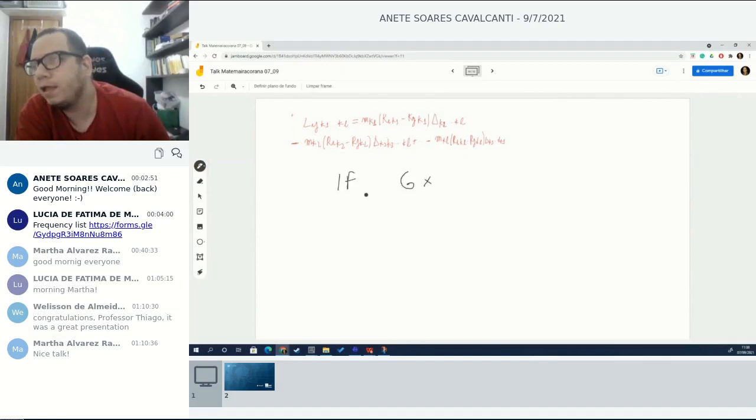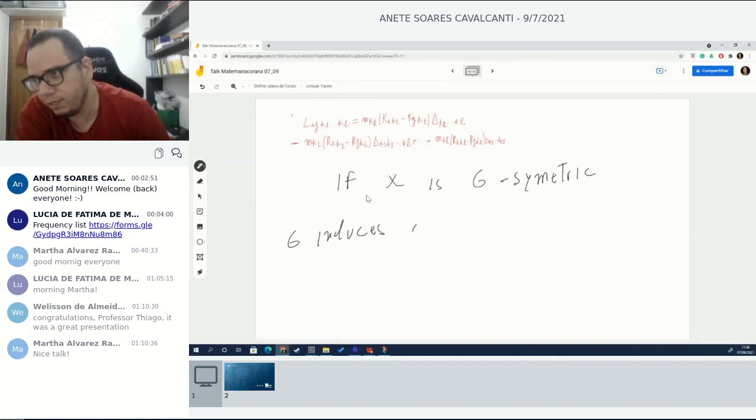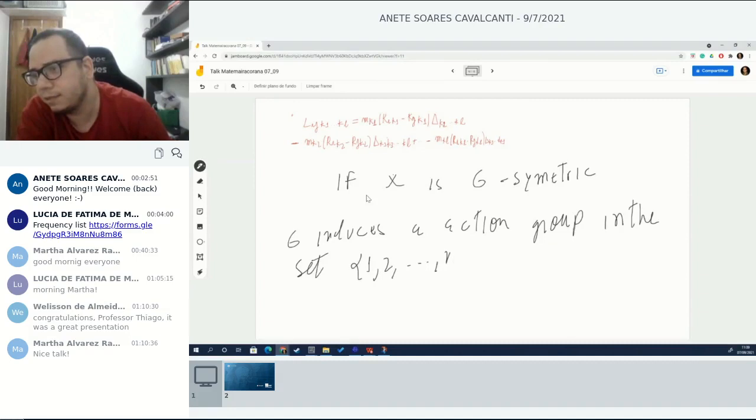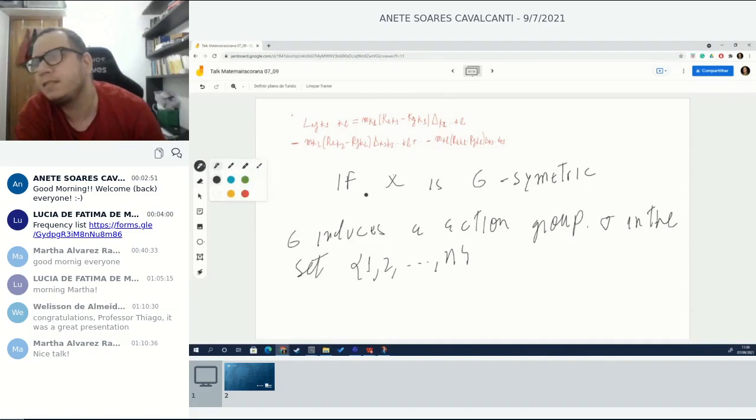if X is G symmetric, G induces an action group alpha sigma in the set 1 to n.